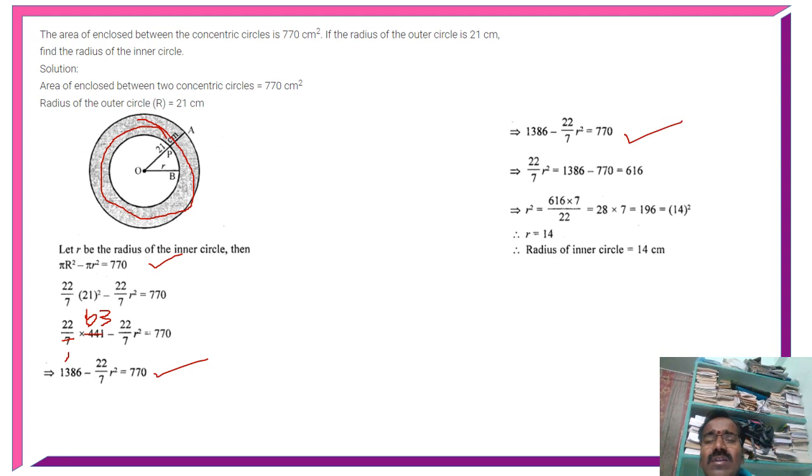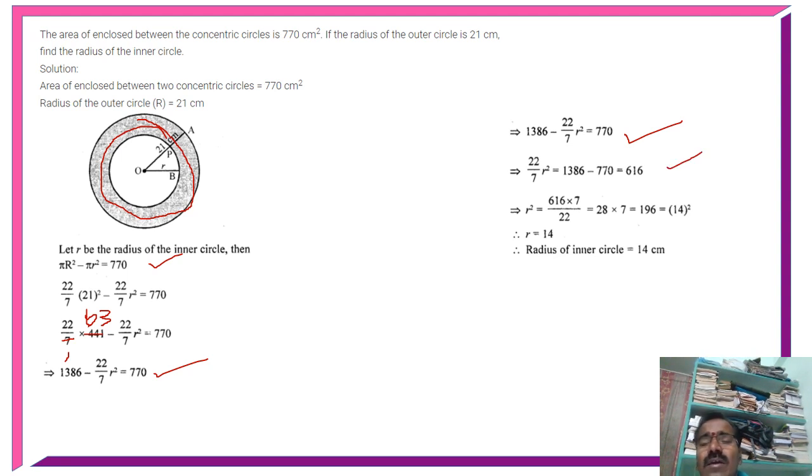After simplification, transposing to this side, plus 22 by 7 r square, we get 1386 minus 770. By transposing LHS terms to RHS and RHS to LHS, we get 22 by 7 r square equals 616.